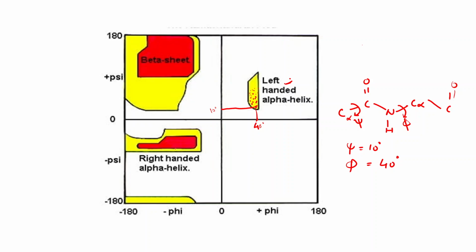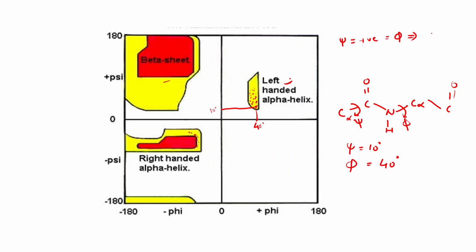Okay, if I plot the phi psi angles for a peptide chain and it lands in these regions, I would say that the peptide sequence is likely to form a right-handed alpha helix. Similarly, for this region, I would say beta sheet. So, the first quadrant of a Ramachandran plot is where both phi and psi are positive values.